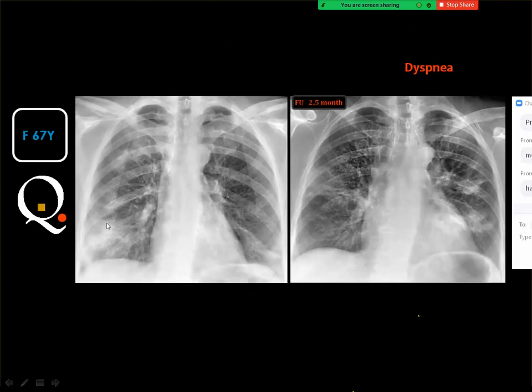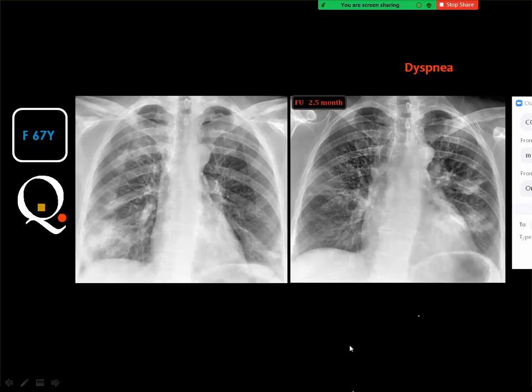Okay, this patient, female, 67 years old, and this is the chest X-ray, and this is the follow-up 2.5 months later. Very good, actually, Sarah.